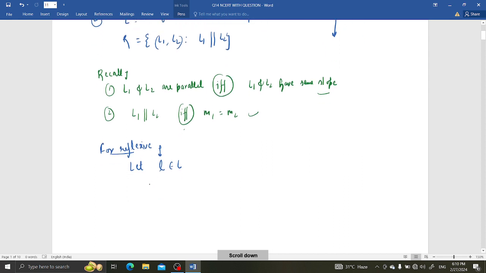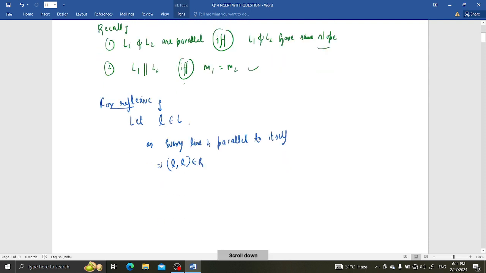Observe that every line is parallel to itself. As every line is parallel to itself, it implies that (l, l) belongs to relation R. So every element of L is related to itself. From the first and second, R is reflexive on L.